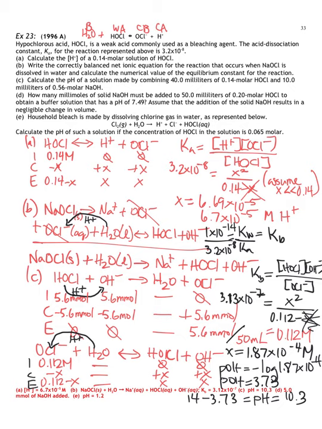So let's validate now. I'm going to put my validation in blue so that we can do each validation correctly. I'm going to start off with this validation. So all I do is take whatever x equals, which is right here, and divide it by the original concentration that I zeroed out from. So when x is small, you take 6.7 times 10 to the negative 5th, you divide it by 0.14 and times it by 100.